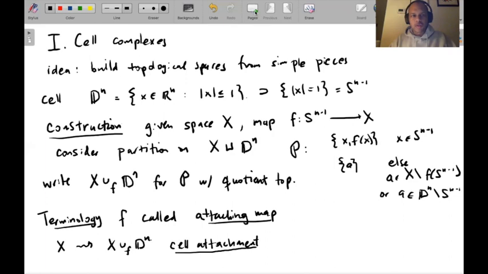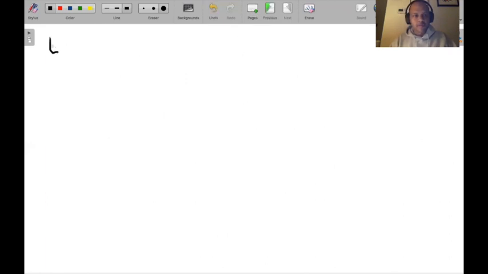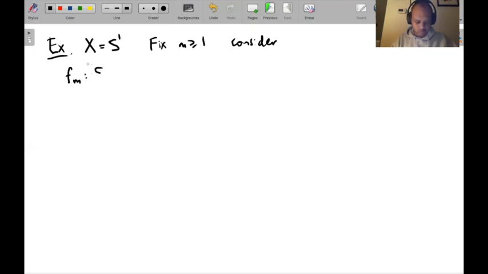So let's start with some examples. So first, let's take X to be the circle, and let's fix some integer m at least 1 and consider the map f_m, well, let me suppress the m.